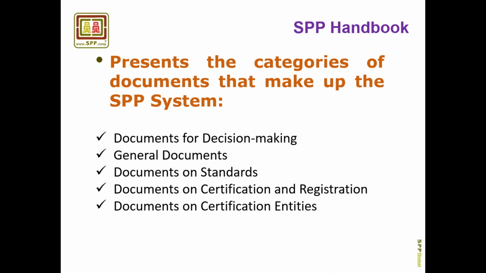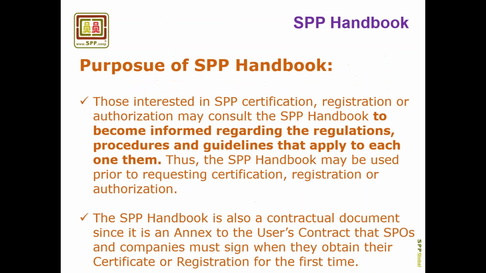These are the different kinds of categories that we consider in the SPP system: documents for decision making, general documents, documents on standards, documents under certification and registration, and documents on certification entities. Then these are included also in the SPP handbook.